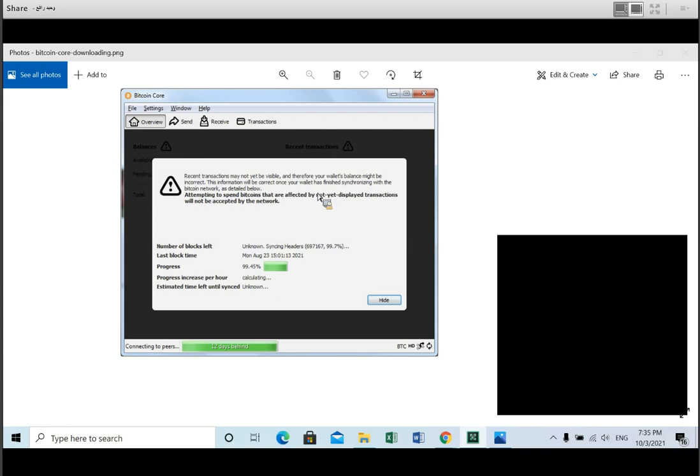Ethereum has also something like this. For Ethereum, you can download the Ethereum Core client. You can even download the Ethereum mining program. To do so, you should have a powerful graphics card, I think with at least 8 GB RAM, okay?